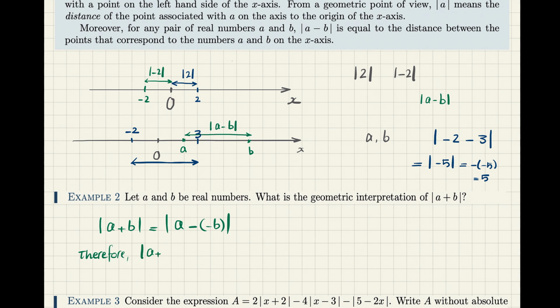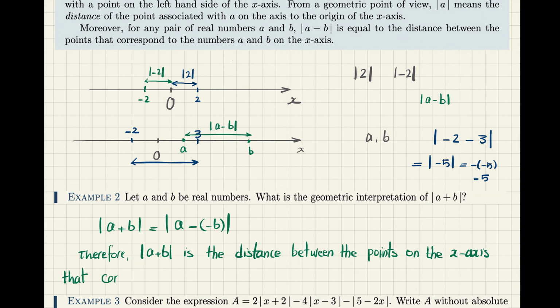The absolute value of a plus b is the distance between the points on the x-axis that correspond to A and minus B. Okay, so that's also good to know.